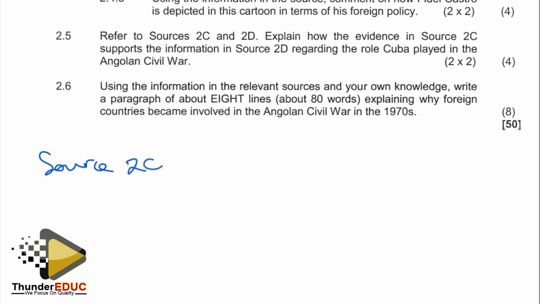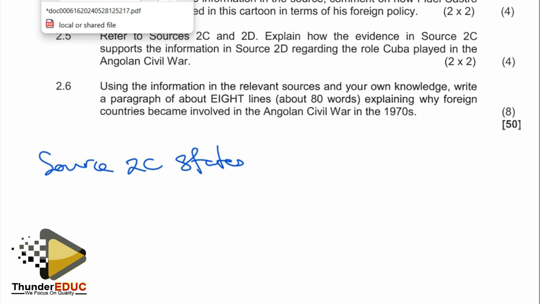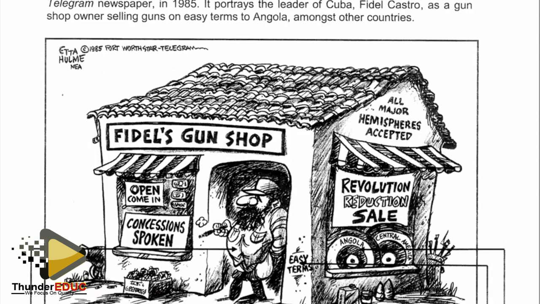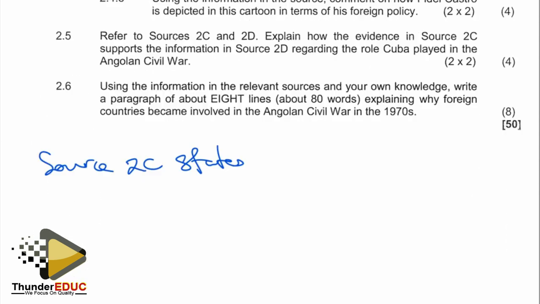2C states that, if it is a visual, we say it shows. Source 2D is the one which is a visual. Understand which one is source 2D, the visual? Yes. So source 2C is written, it's a text.